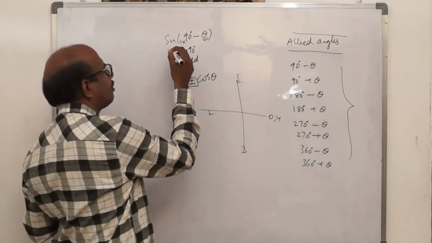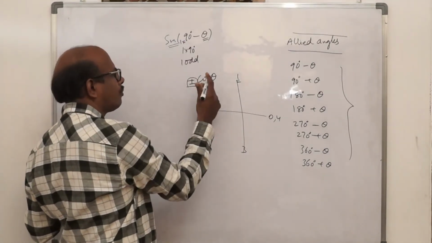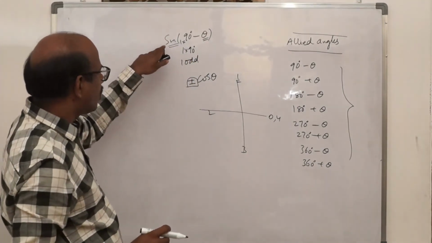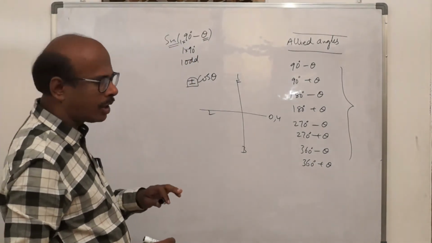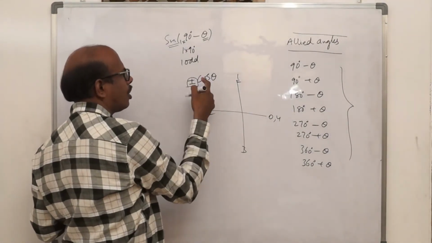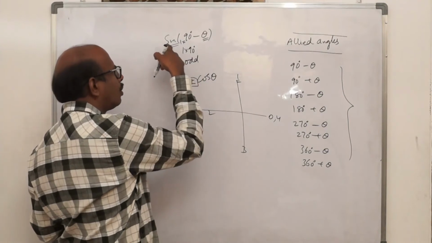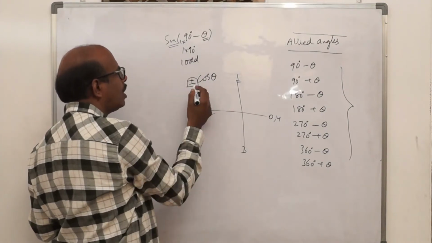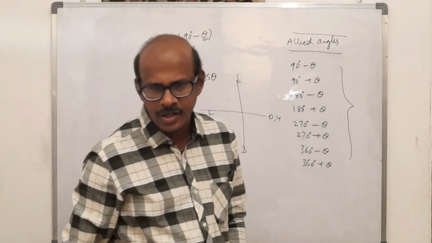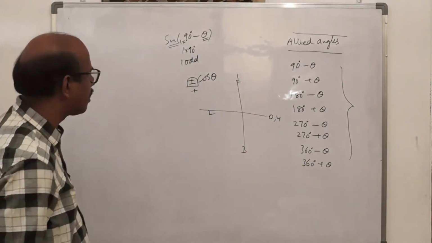We look for the symbol for the given question, sine, not for the cos. For sine in the first quadrant, it is positive. So sine of 90 minus theta is cos theta. I think it is clear.